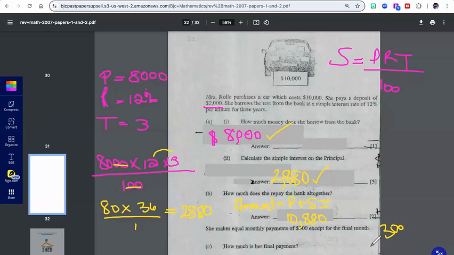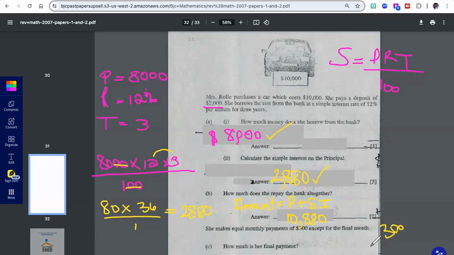So this seems like hire purchase somewhat, but we don't even have to worry about that except for the final month, because that's going to be the answer.